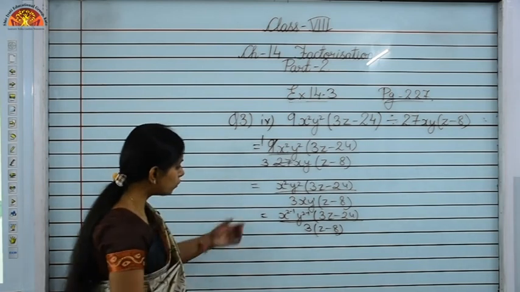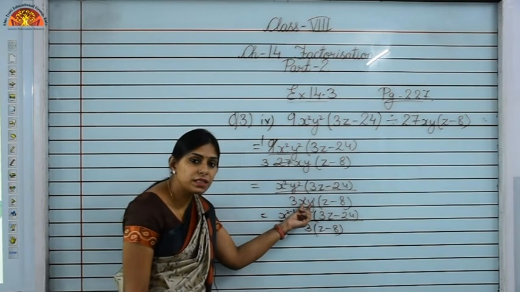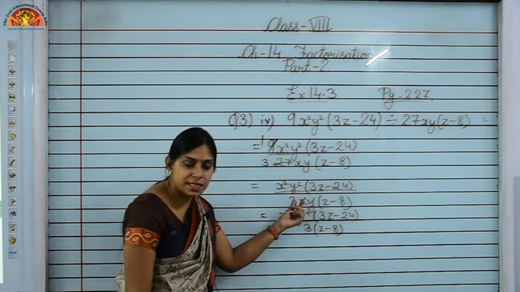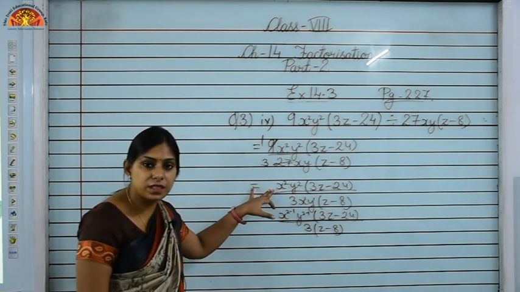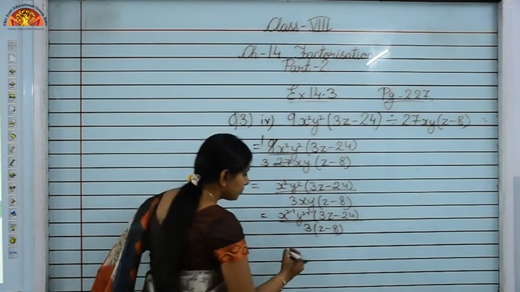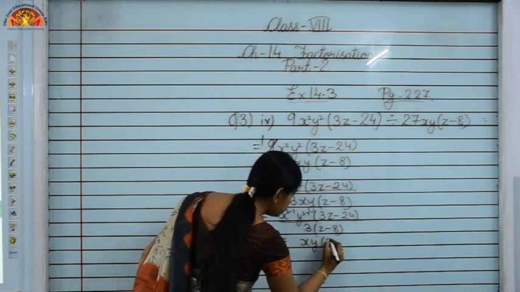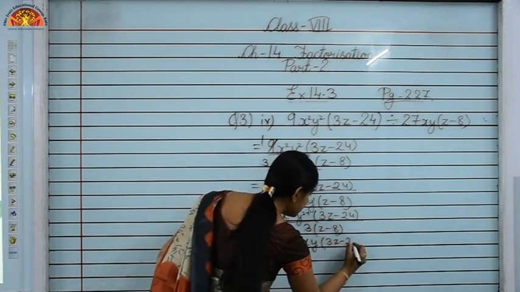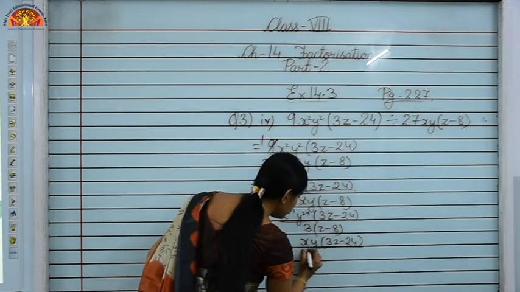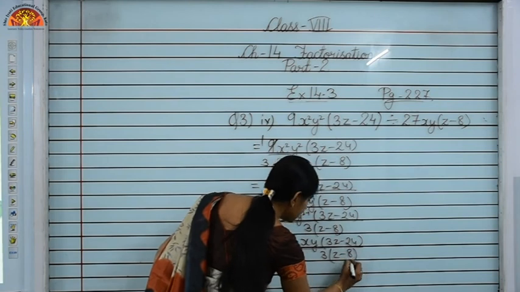How we have written: it was x square y square and in the denominator it was xy. Bases were same and the powers were different, and it was a sign of division. So we have just subtracted the powers. So you can just write that is xy into 3z minus 24 upon 3 into z minus 8.